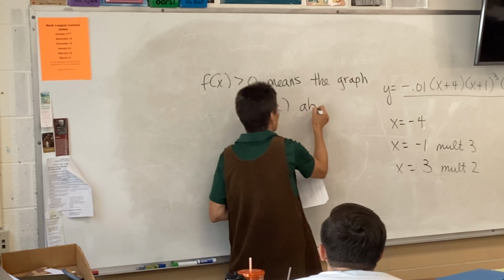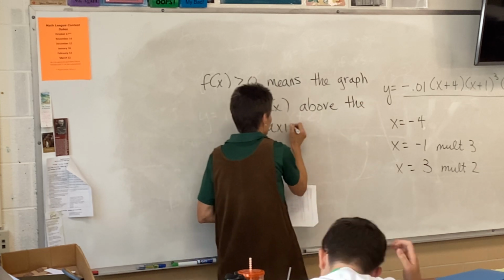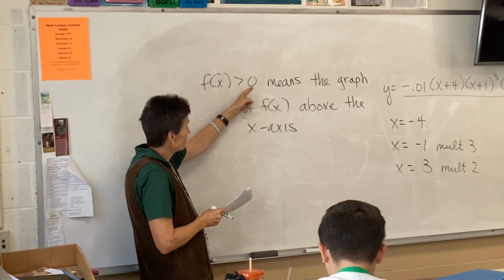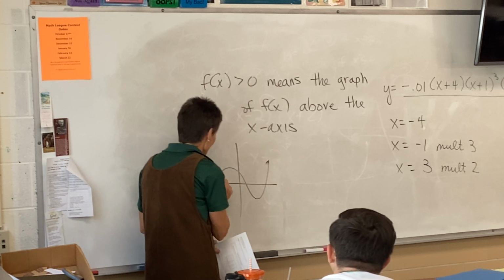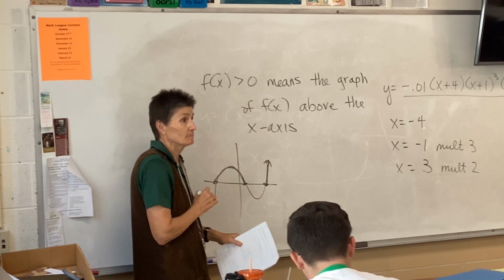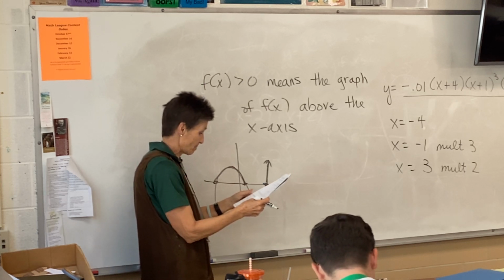Okay, above the x-axis. So if y is positive, that means you are looking at whatever part of your curve is above the x-axis. And if it's negative, obviously you're looking at the part that is below.